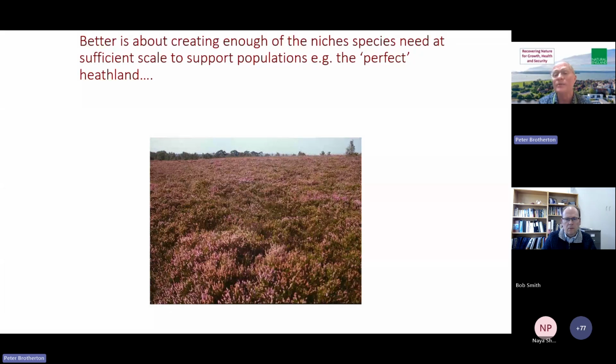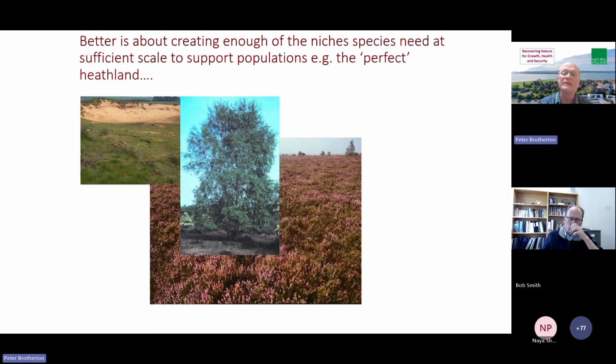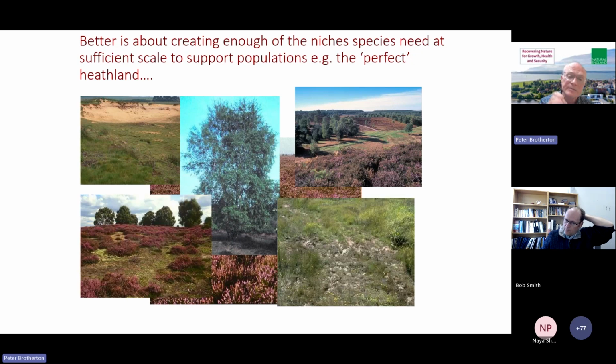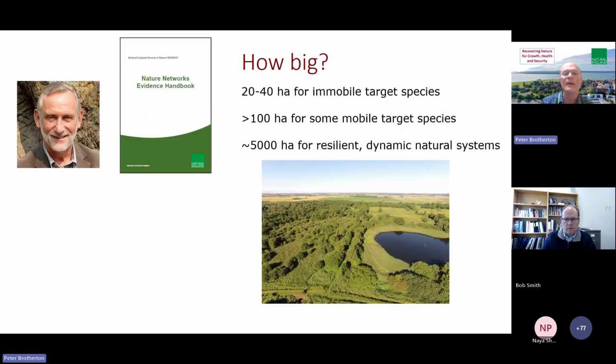So that isn't a brilliant heathland for many species. What a lot of species need in a heathland is messiness. They need bare patches of land. They need the wet patches. They need the scrub. They need spaces that support transitions and the different stages of their life cycle. So messiness is really good in nature.